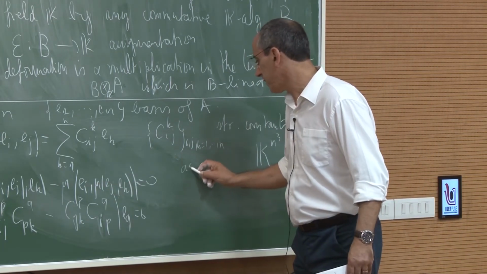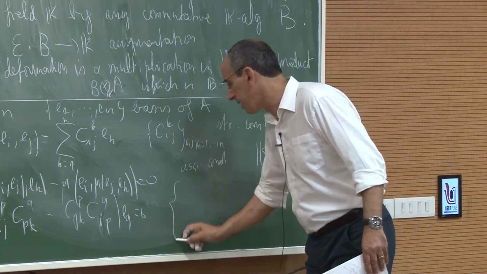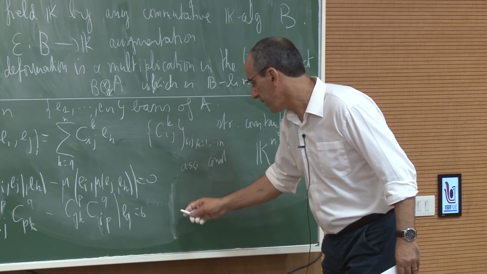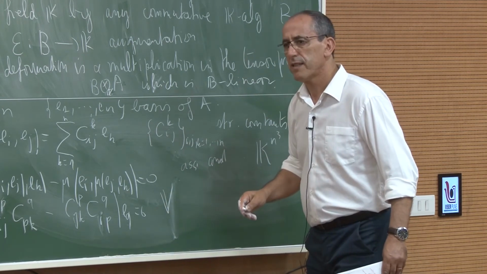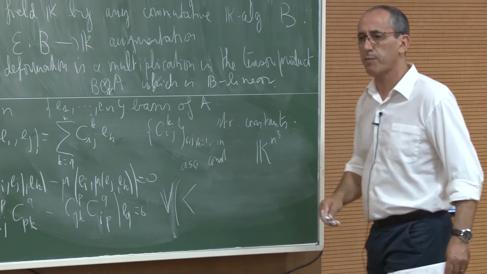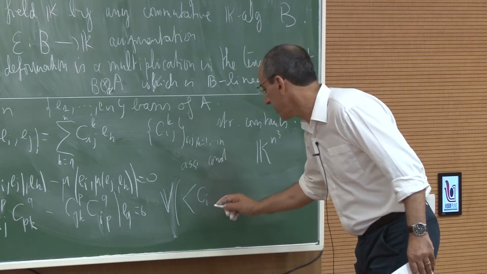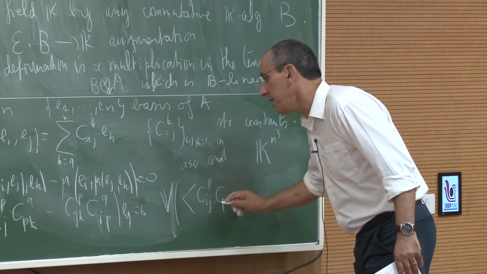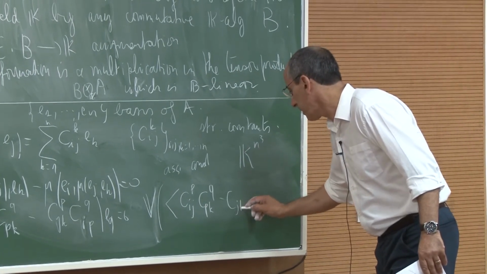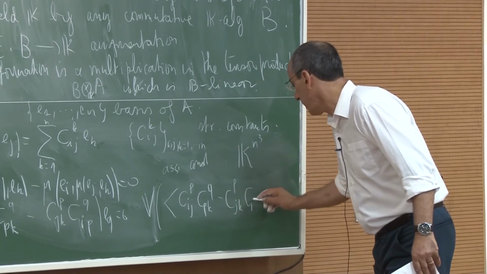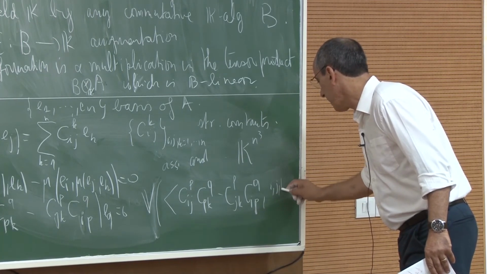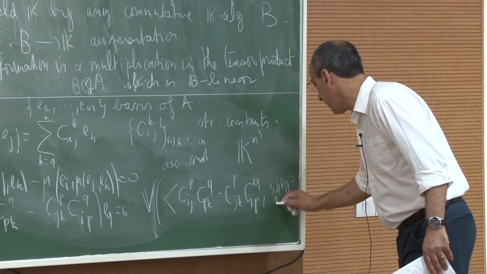This associativity condition you can write as the algebraic variety associated to the ideal given by the polynomials c_ij^p c_pk^q minus c_jk^p c_ip^q, for i, j, k, q running from 1 to n.